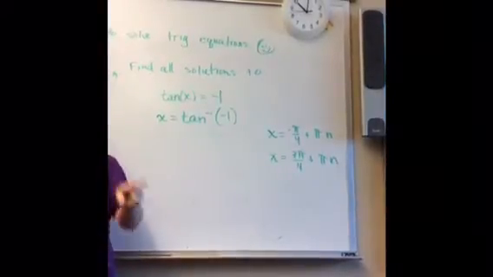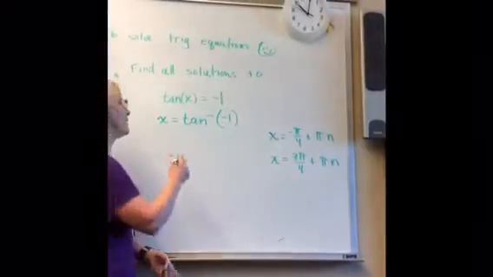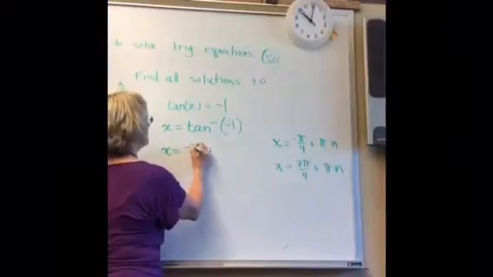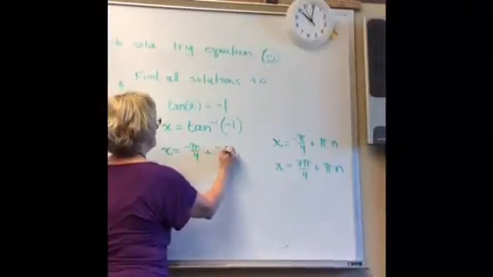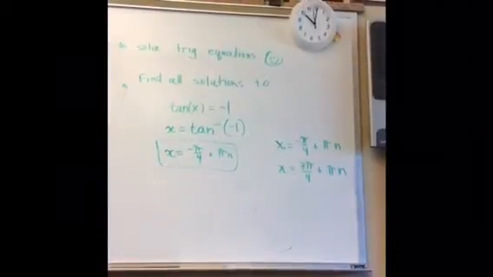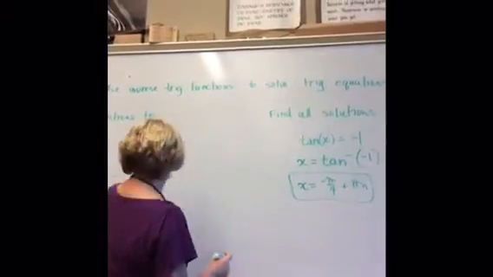Because what's the period of the tangent function? Pi. So the answer to this, I would just do one of these. Now, let's look at it on the unit circle.